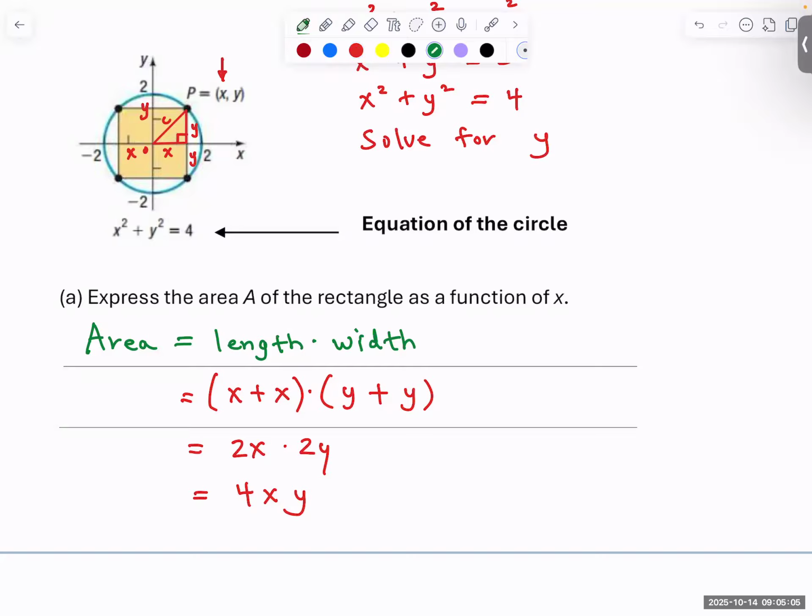To solve for y, we'll subtract x squared from both sides, so y squared is 4 minus x squared. We'll take the square root of both sides of the equation. The square root of y squared equals the square root of 4 minus x squared.